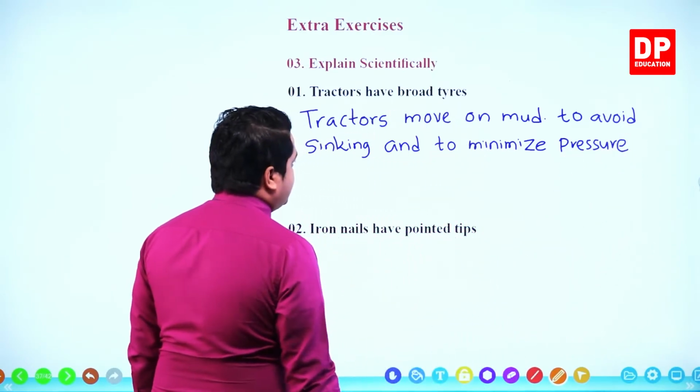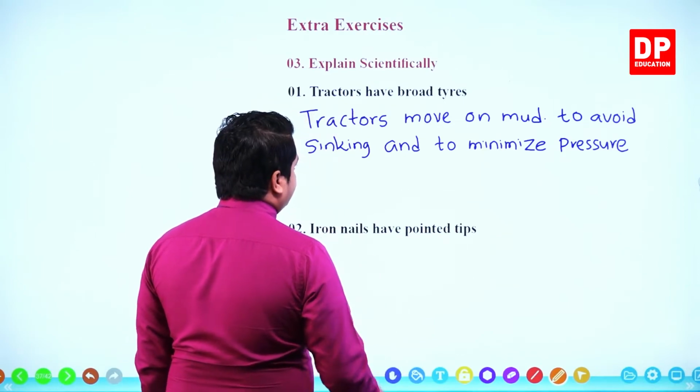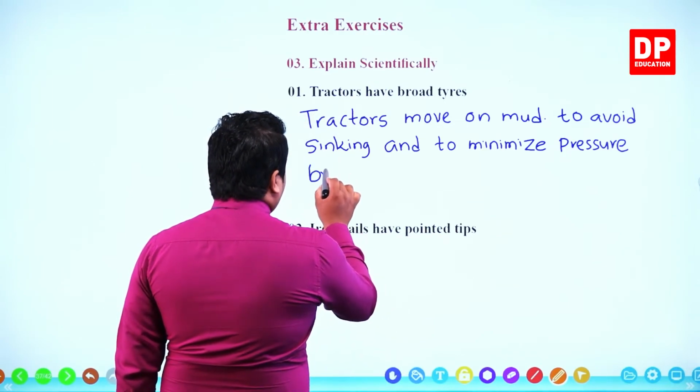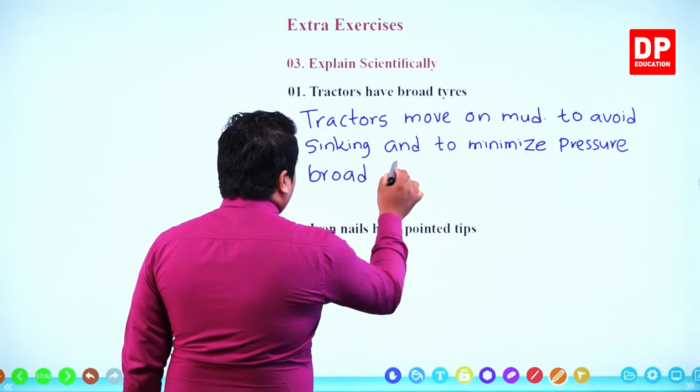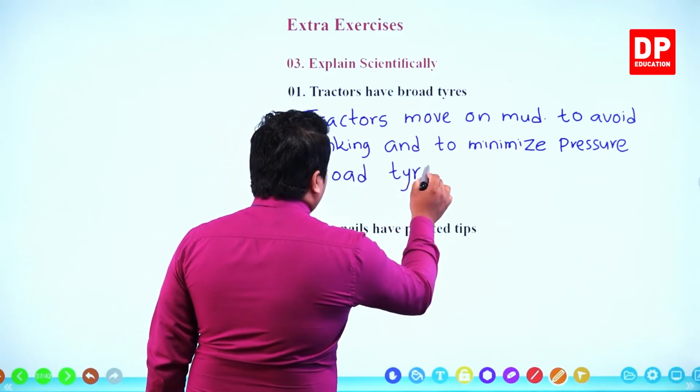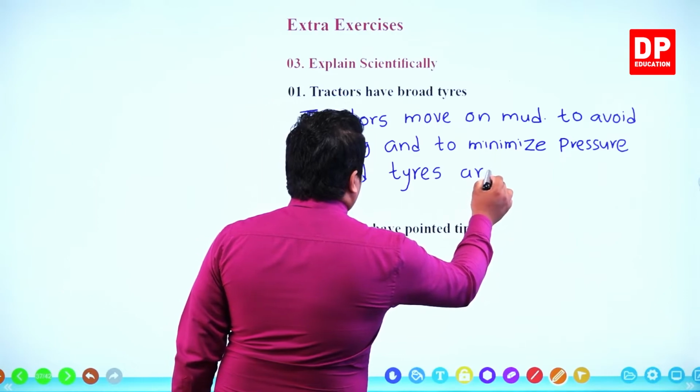To minimize pressure, broad tires are used. Simple, right?